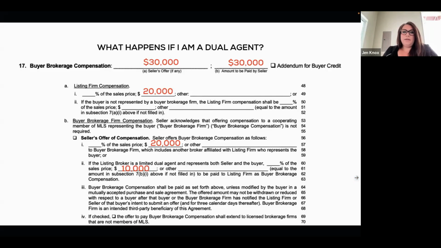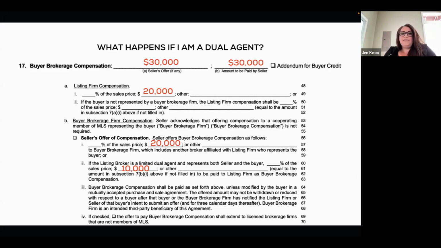Here's another example of dual agency. What if I'm a dual agent? Well, in this situation, because we are decoupling A and B, seller's offer of compensation for the listing agent is 20. They are offering 20,000 to a buyer's agent, but hey, my agent, if you're a dual agent, I want it to be reduced to $10,000 for that side.